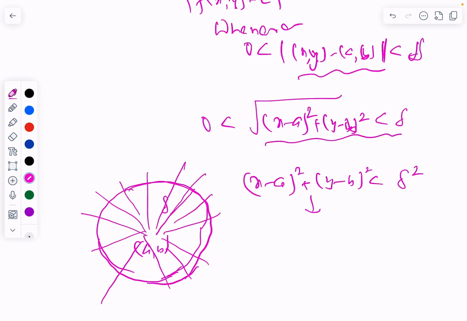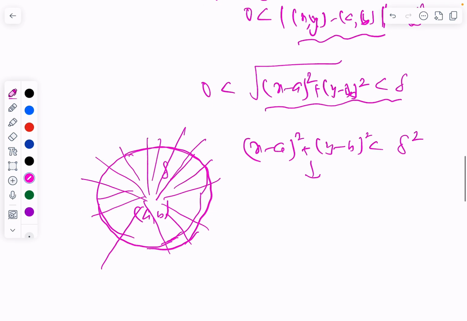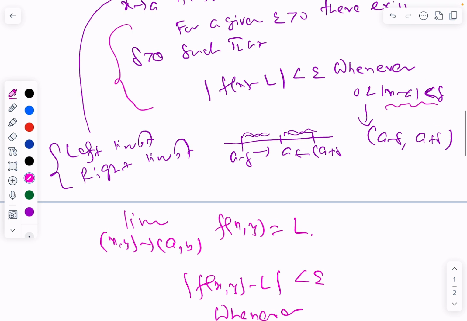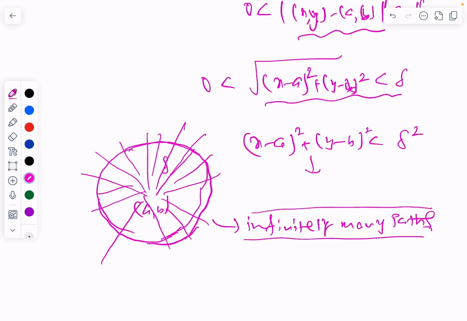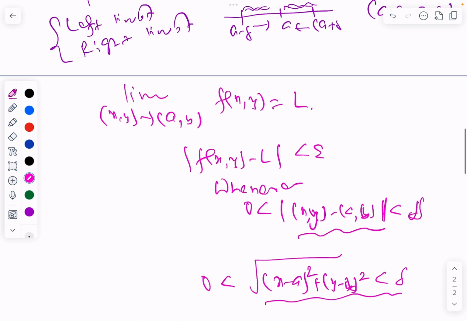In a function of one variable, we have only two kinds of limit, like left hand and right hand limit. Here we have infinitely many paths. And if the limit is the same on all these infinitely many paths, then we can say that this limit exists.